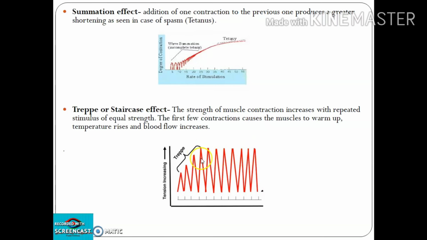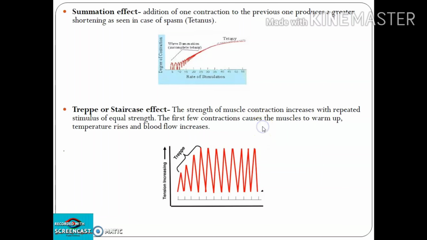If you think of athletes, they are first asked to warm up. Why? Because their muscles would attain a state of contraction which would remain at high tension for a much longer time. So this is the Treppe or staircase effect.